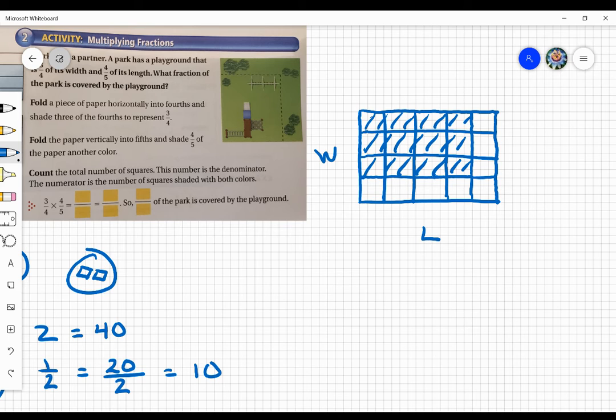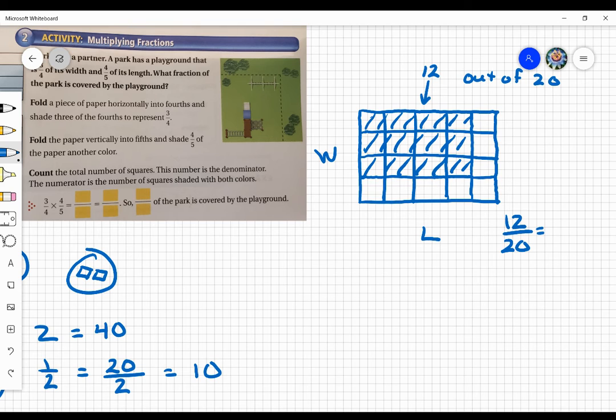Now we can see how many parts there are and how many parts are filled in. I guess this would be 4 by 3, so there'd be 12 pieces colored in, and there's 5 across and 4 down, so this is out of 20 total. So if we have 12 out of 20 total, then what fraction is that? It's 12/20ths of the park.